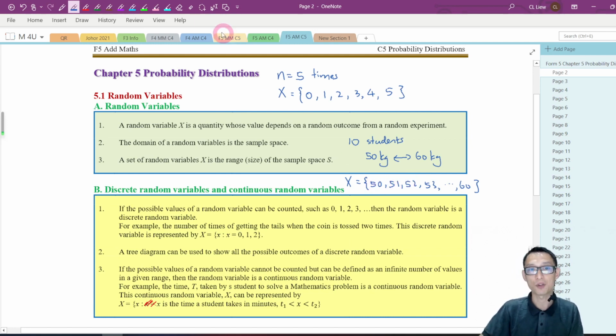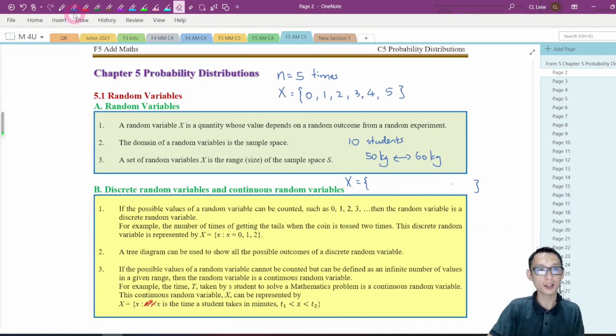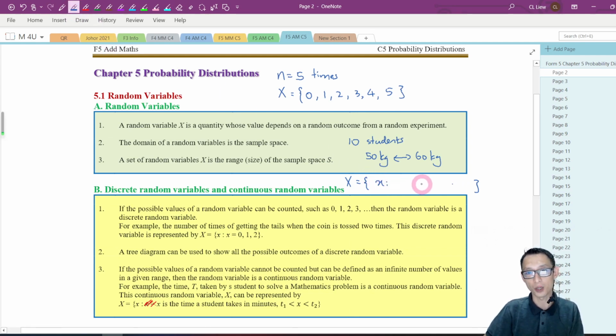So this type of random variable, we call it continuous random variable. So I cannot write this way. So I need to write this way. So let's say X represents the body mass of the student from 50 kilogram to 60 kilogram. So this is a way how we represent the continuous random variable.